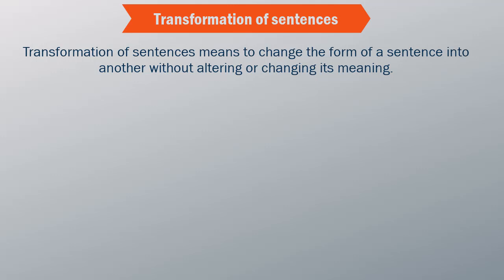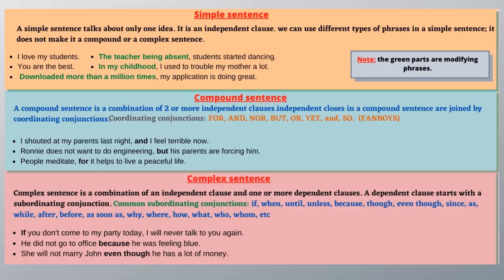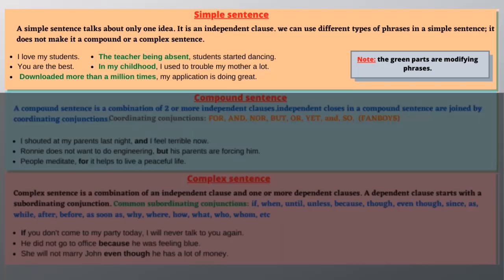Okay, now we will be transforming complex sentences into simple and compound sentences. I hope you guys already know what is a simple sentence, what is a compound sentence, what is a complex sentence, but if you do not, let me just take you through these in brief. So what is a simple sentence? A simple sentence is nothing but an independent clause, a group of words that has a subject and a verb, and it talks about one idea.